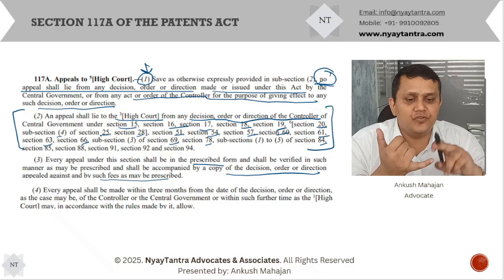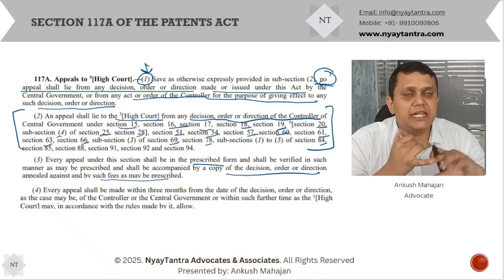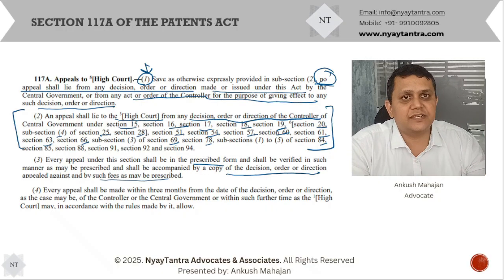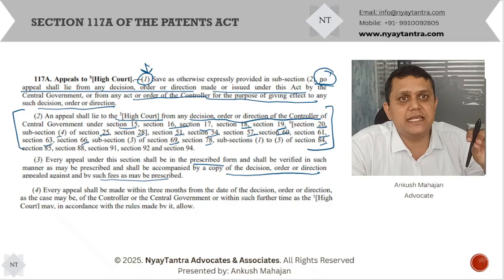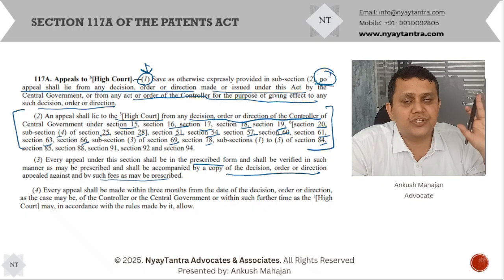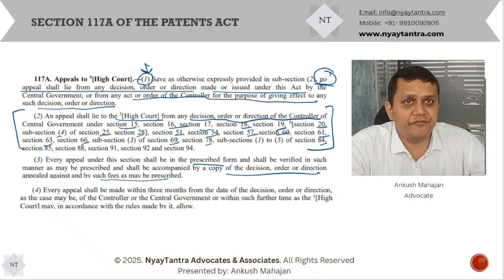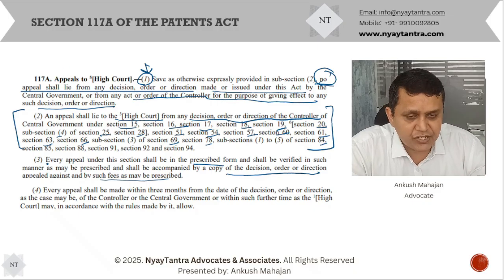That you will be filing the appeal in the prescribed formats which will be given by the respective High Courts of the country. Whatever the fees, forms, and other mandates imposed by the respective High Courts, you have to comply with those requirements, and then only your appeal will be listed before the appropriate bench of the High Court. Let's now discuss subsection 4.